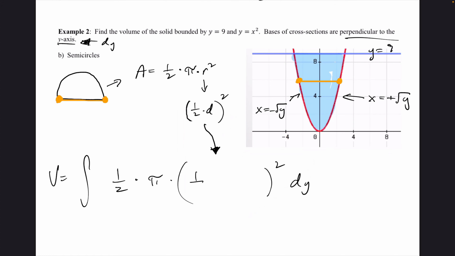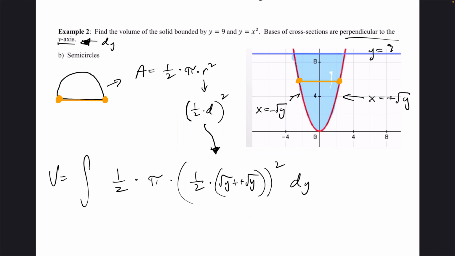So it's going to be 1/2 times the diameter. What's the diameter? It's going to be dot to dot. So positive square root y minus a negative square root y. It's going to extend to there. Square root y minus negative square root y, so it'd be plus plus.